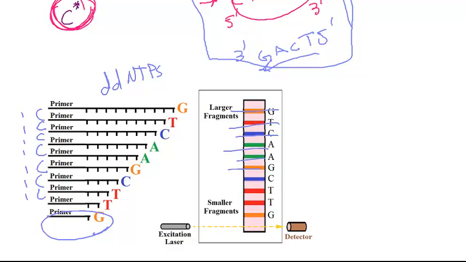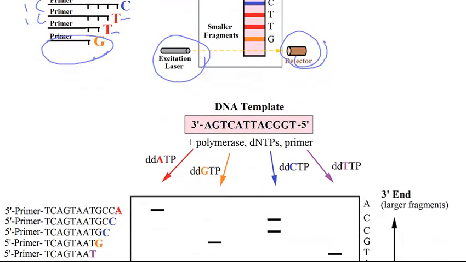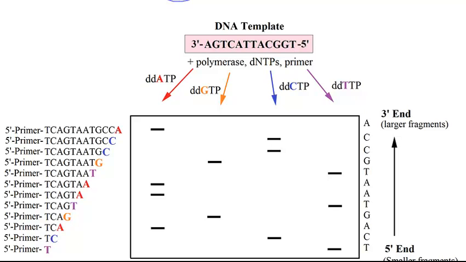Now that's a fancier technique, using a detector with an excitation laser and different fluoresceins attached to these ddNTPs. Now we can talk about the more conventional technique, which just uses the agarose gel to isolate them. Let's say that we run the same PCR reaction, but instead of mixing all the ddNTPs, we run it in 4 different reactions.